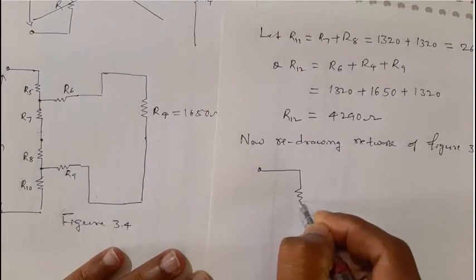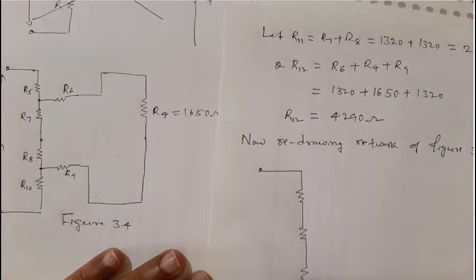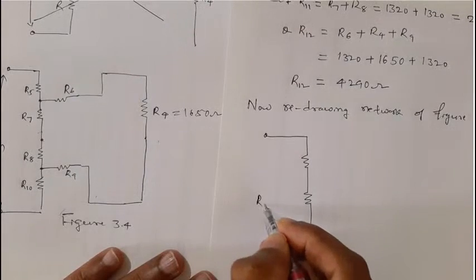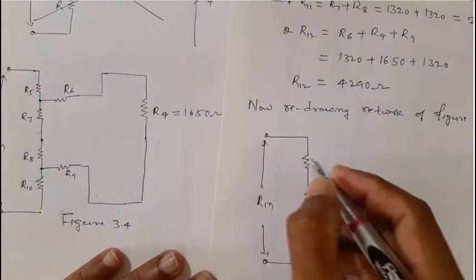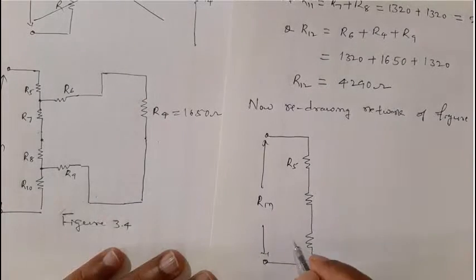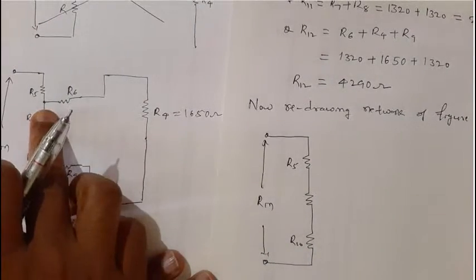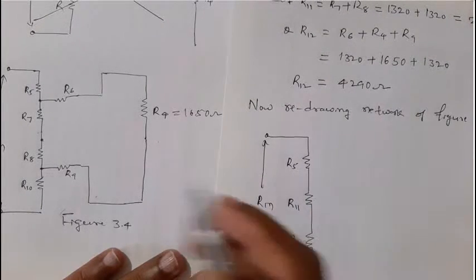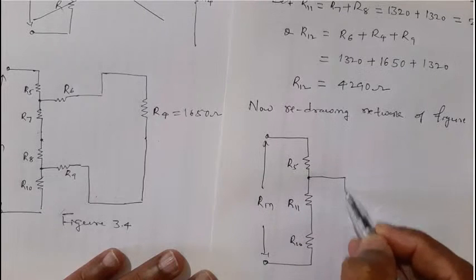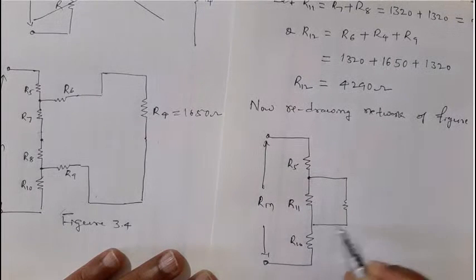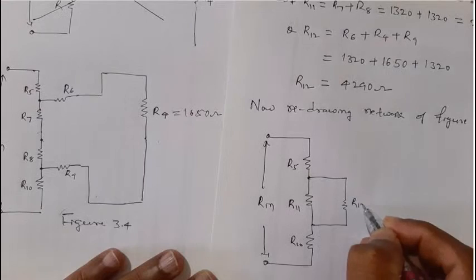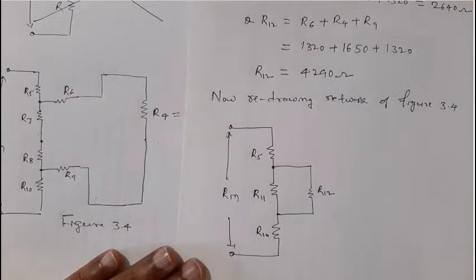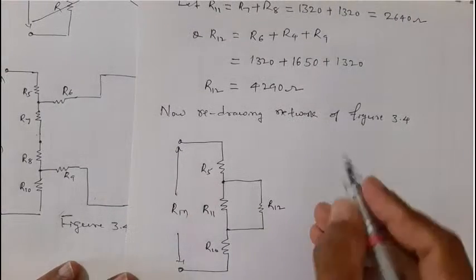Here you have only one resistor, here another, here a third one, Rin, this is R5, this is R10. Now R7 and R8 are both reduced to R11, and in parallel with this we have R12, which is a combination of these three resistors R6, R4 and R9.